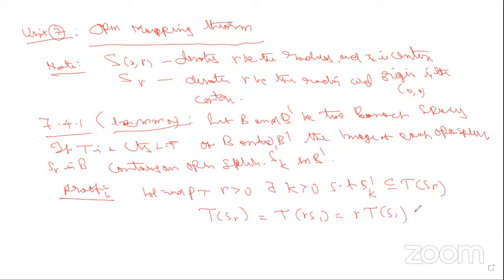What is the reason we wrote it like that? By linear transformation, T of alpha x can be written as alpha times T of x. The same property we applied here.